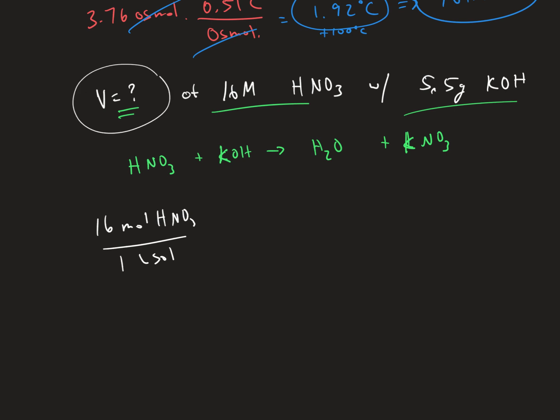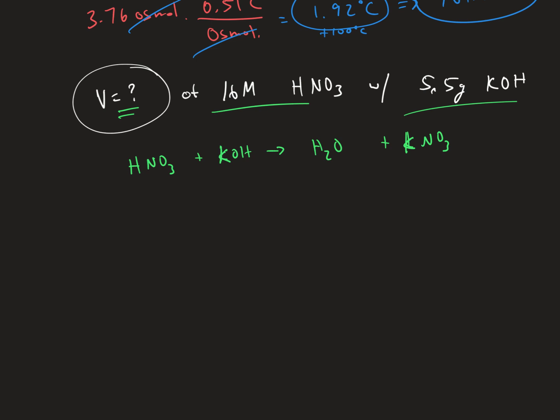We got to find volume of HNO3 solution. Always start with the thing that you know most about. If I multiply by a volume, I can find number of moles, but I'm not looking for that. I'm looking for the volume. So we're not going to start here. Does that make sense to everybody?